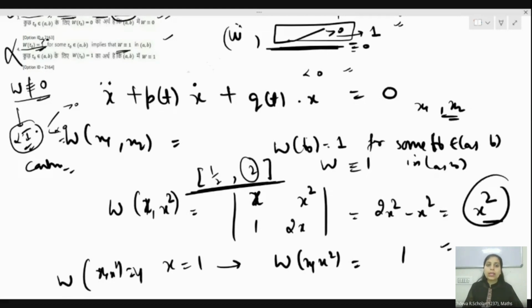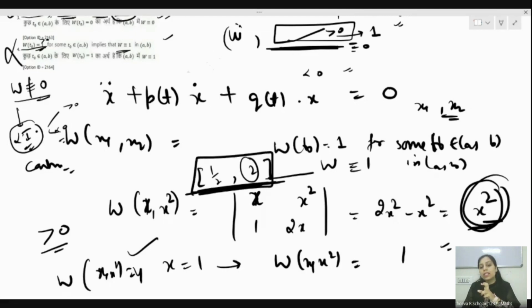So clearly we can see the Wronskian is 1 at some point and at another point it is different. But it is following the rule. The rule says once the Wronskian is non-zero, it will keep the same sign. Once it is greater than 0, then it will definitely be greater than 0 throughout. In this interval, we can see the Wronskian is clearly greater than 0 for all of 1 by 2 to 2.